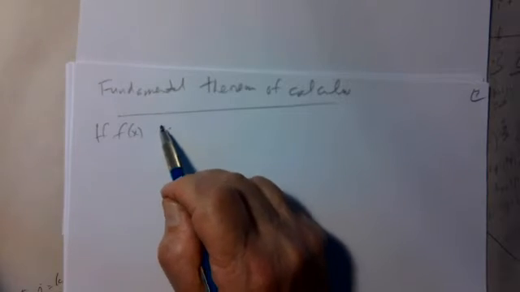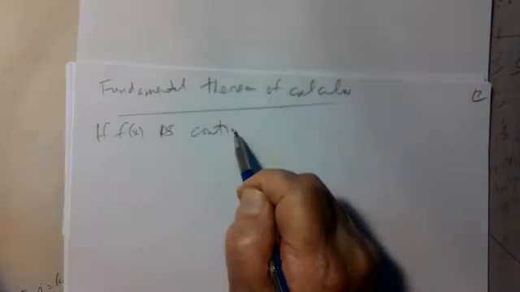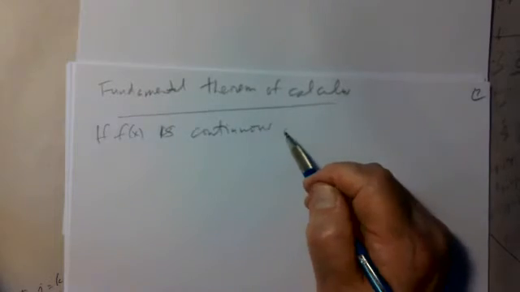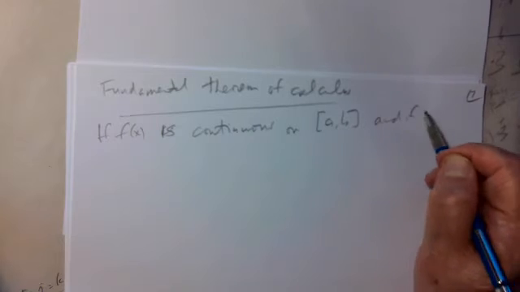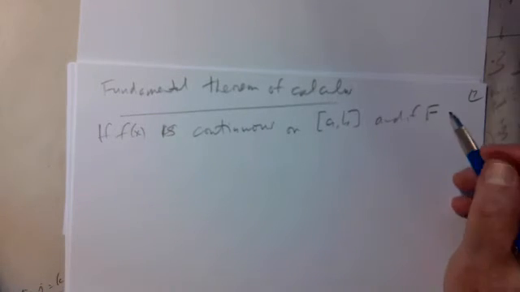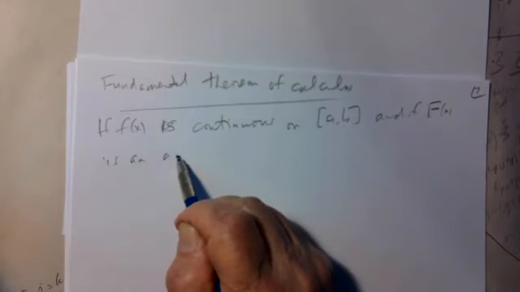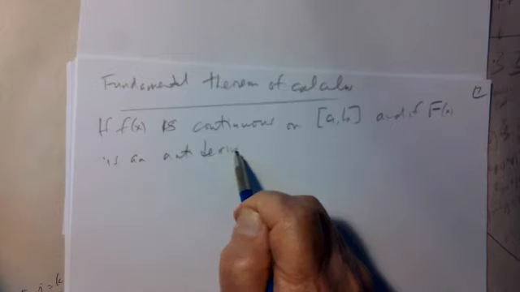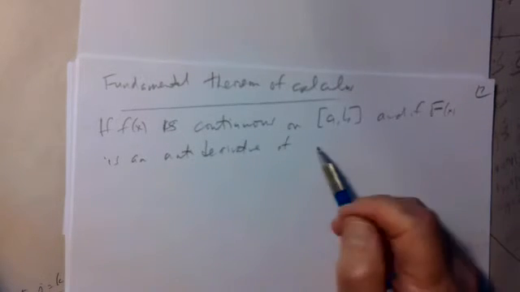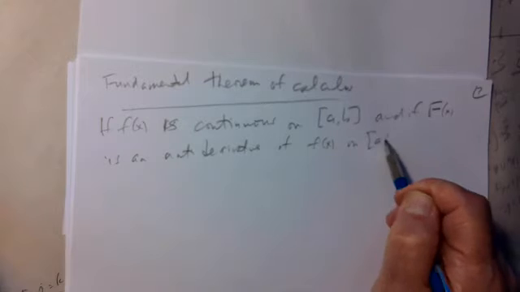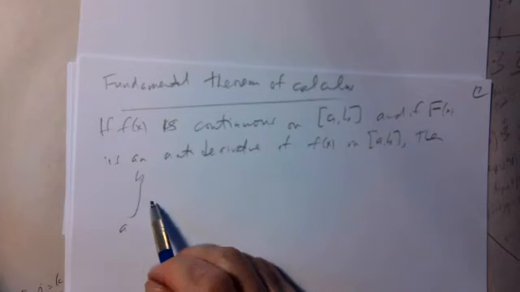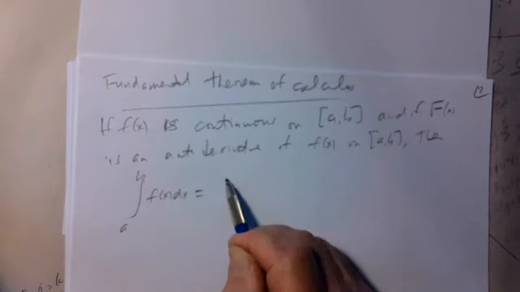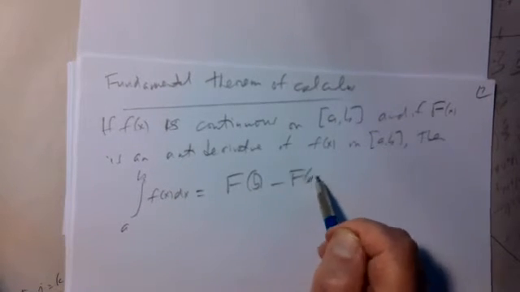If a function f of x is continuous on the closed interval from a to b, and if capital F of x is an antiderivative of f of x on [a, b], then the definite integral from a to b of f of x dx is capital F of b minus capital F of a.